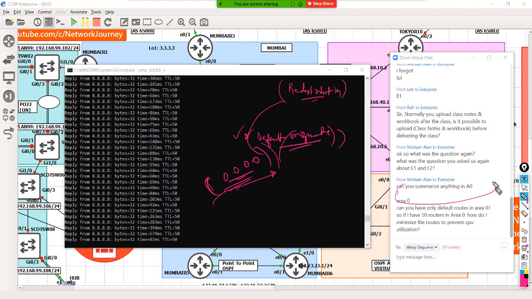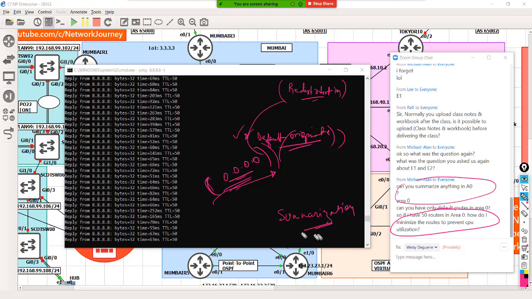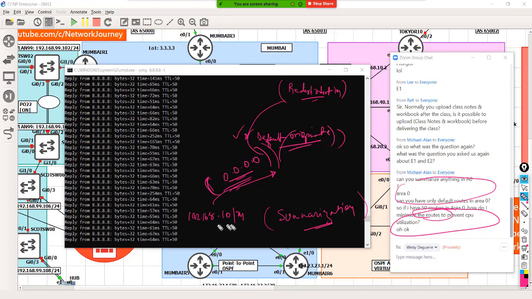I am not sure what you mean by this. That is not called a default route, it's called summarization. So what you're talking about is summarization. With the help of summarization, I can reduce these 50 routes into a single route. Let's say I have 192.168.1.0/24 in my routing table.